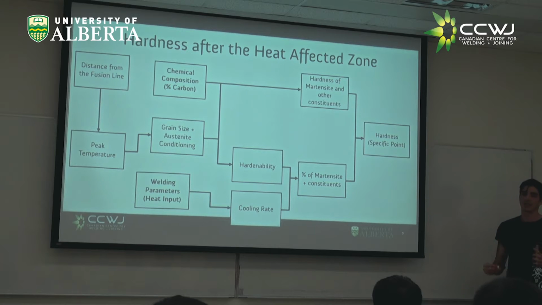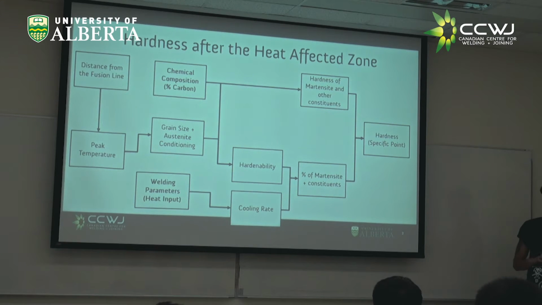In welding, no, and that's something that is also important to keep in mind when we are talking about welding. So, austenite grain size and chemical composition of your austenite, those are the most important things to define hardenability. And those are going to define how much martensite you're going to have after your cooling, right?